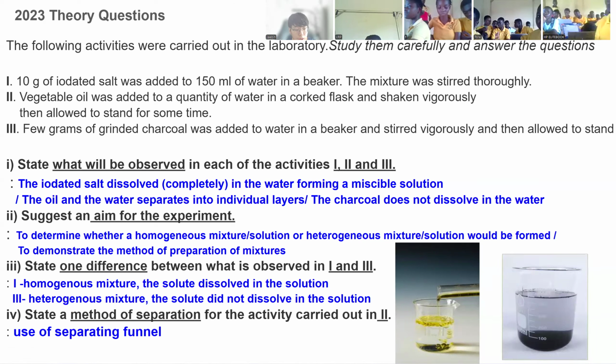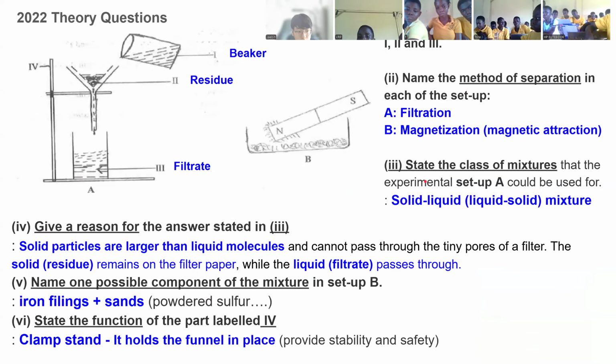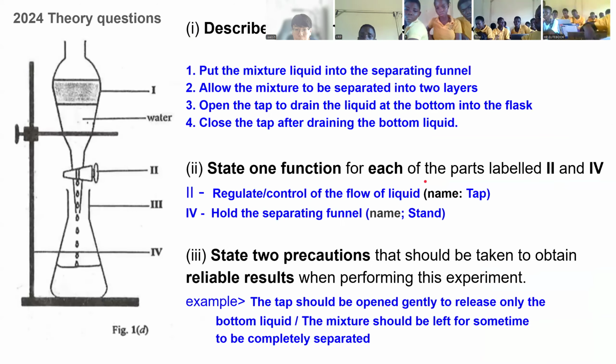The last question. State a method of separation for the activity carried out in 2. So 2 over here is a mix of oil and water. But oil and water form 2 layers. Remember how we separated the 2 layers of liquid? It's by using a separating funnel.